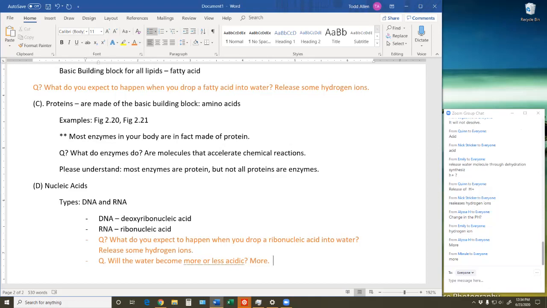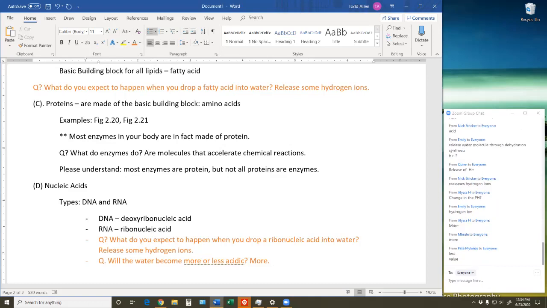If the acidity increases, what happens to the pH value? Does the pH value go up or down? Okay, good job. That's right. Therefore, the pH value drops. Good. Okay, folks, well done.